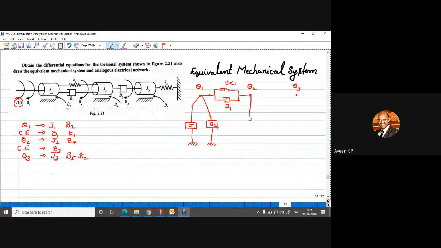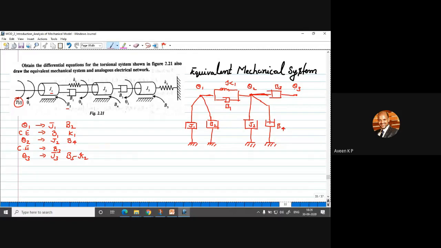Under theta 2, let me represent J2 and B4. B4 is the friction. The common element between theta 2 and theta 3 is only B3, so B3 acts as a common element.